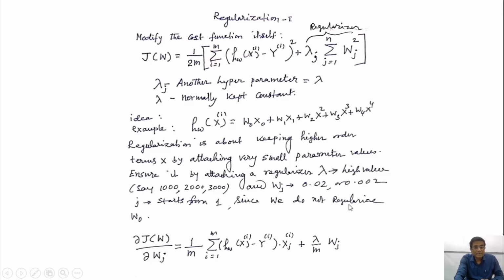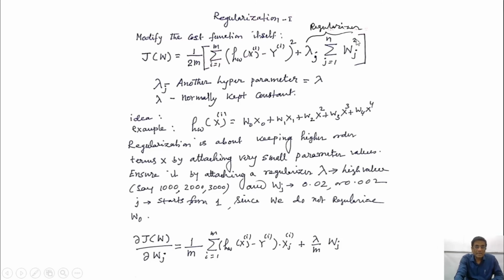In doing so, our intention was to keep as many parameters as needed, and let the regulator either discard it or accept it by attaching appropriate values to the hyperparameter lambda, which is controlling the parameter value. So this is actually the reason.